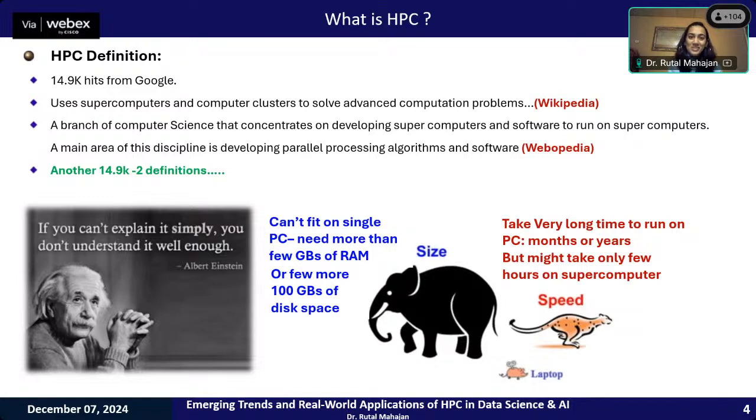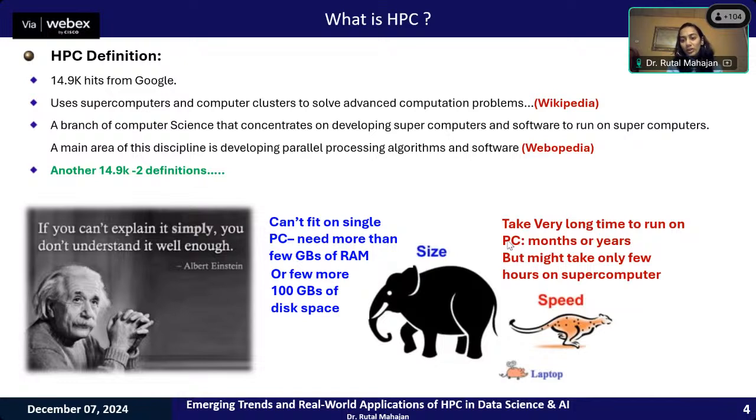And there are many other, 14.9K minus 2, definitions. Now, as Albert Einstein said, if we cannot explain it simply, we do not understand it well. So what can we say about HPC in simple terms? It's all about size and speed. Size means it cannot fit on a single PC, so it means the data. It needs more than a few GBs of RAM, or hundreds of GBs of disk space, to accommodate that data.